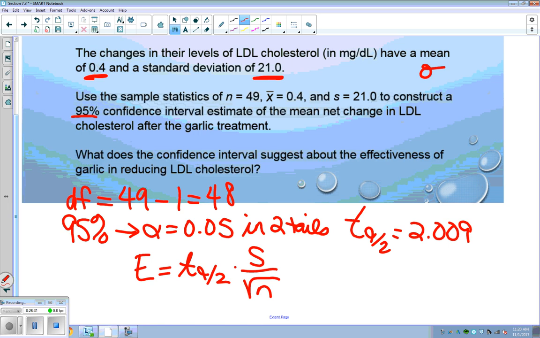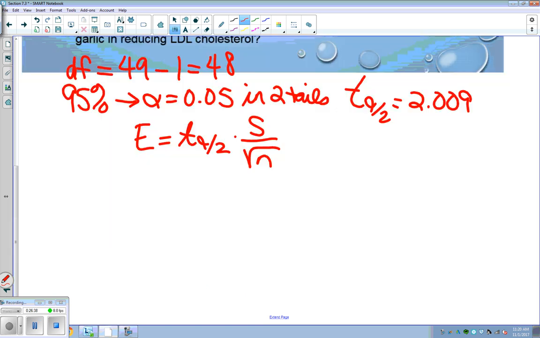This is where sigma is unknown, and it tells you that on your formula sheet. So let's fill it in. The t of alpha divided by 2 is 2.009. We're going to multiply that by s. S is the sample standard deviation, which it gave me, which is 21.